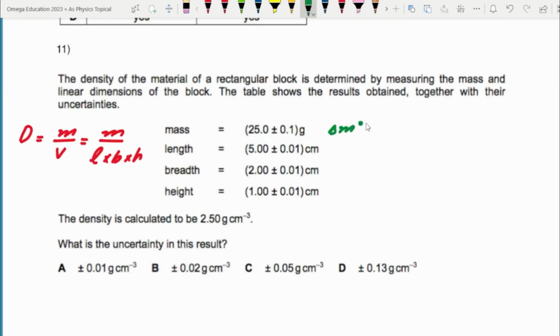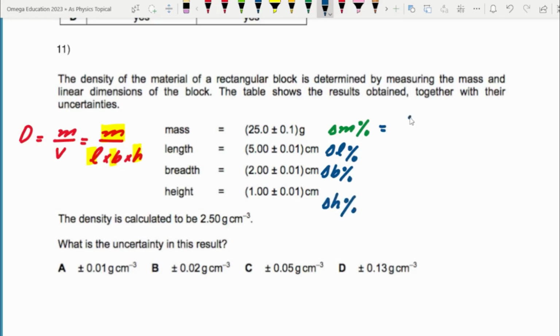Delta m%, and we find the percentage uncertainties of all of them as well, because we have four quantities in the formula: 1, 2, 3, 4, and they are being multiplied or divided. So we have to find the percentage uncertainties of all four of them, and delta H for this one.